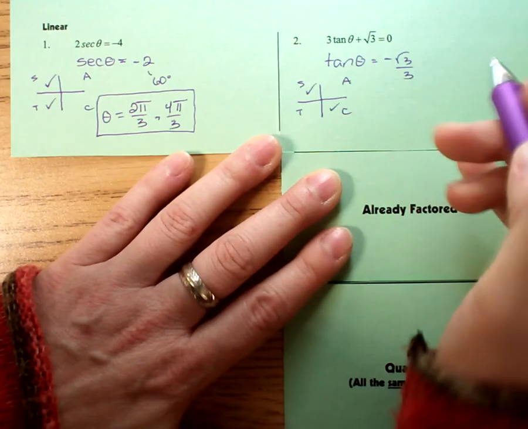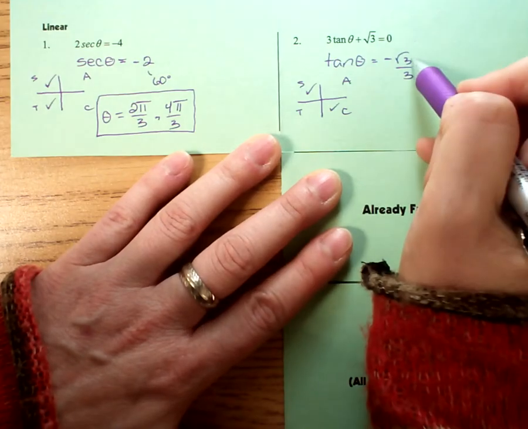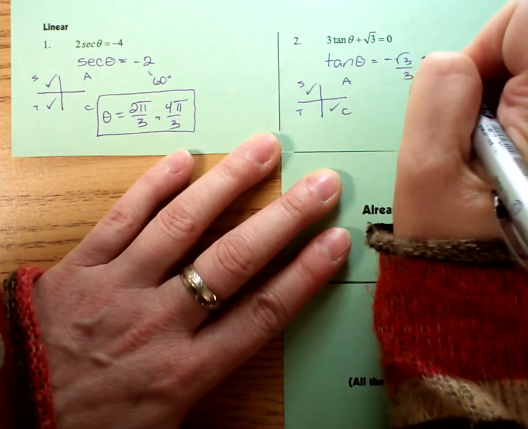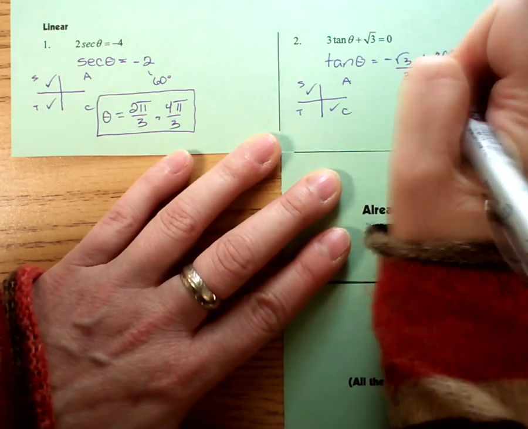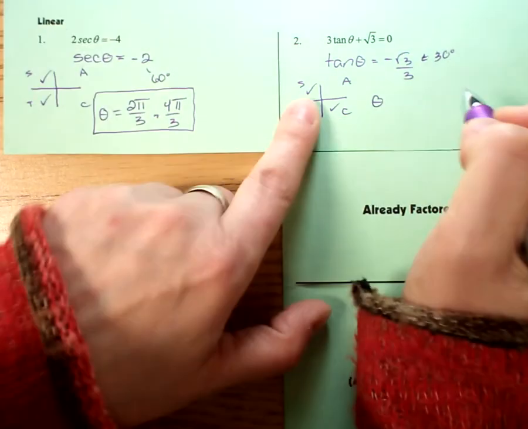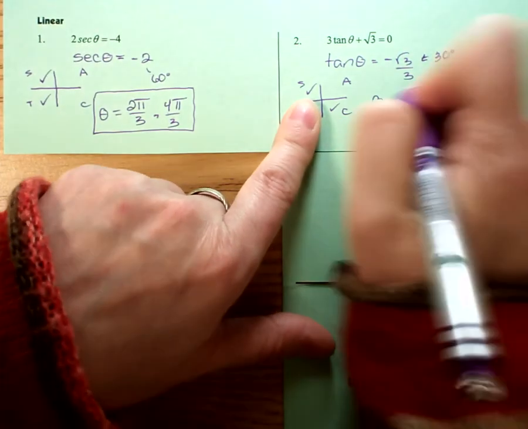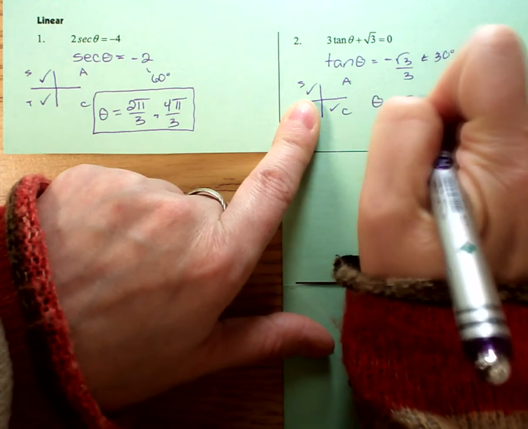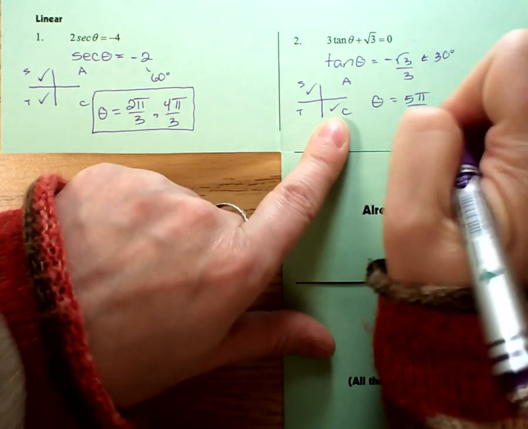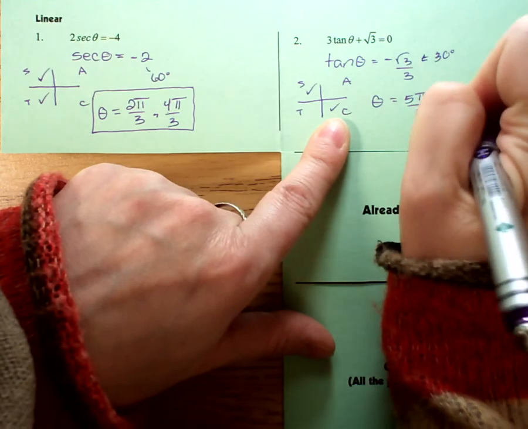What reference angle is going to give me a tangent value of radical 3 over 3? I know that that reference angle is going to be 30 degrees. So my answers for theta would be the 30-degree reference angle in the second quadrant, which I know is 5 pi over 6, and the 30-degree reference angle in the fourth quadrant, which is 11 pi over 6.